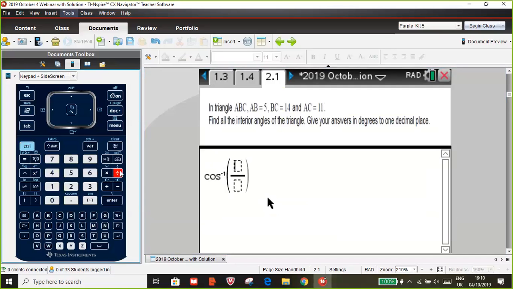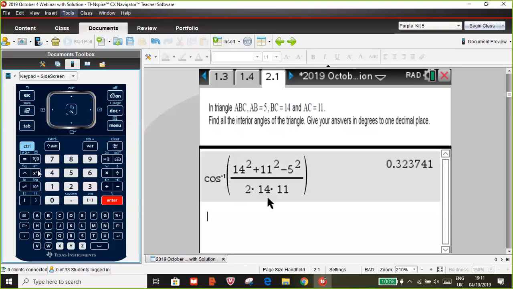To find the smallest angle, I basically have to use the larger length, minus the square of it, over 2 multiplied by 14 multiplied by 11, and I do not press enter, because if I press enter, I'll get an answer in radians. This is not what the question wants.